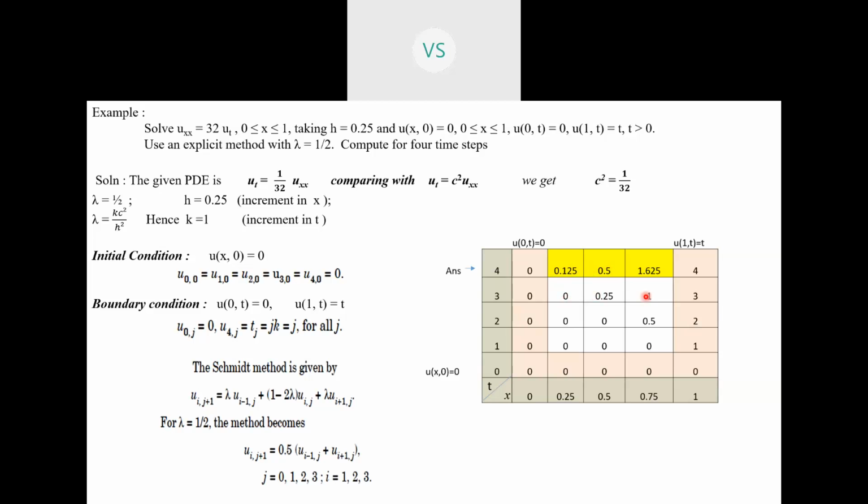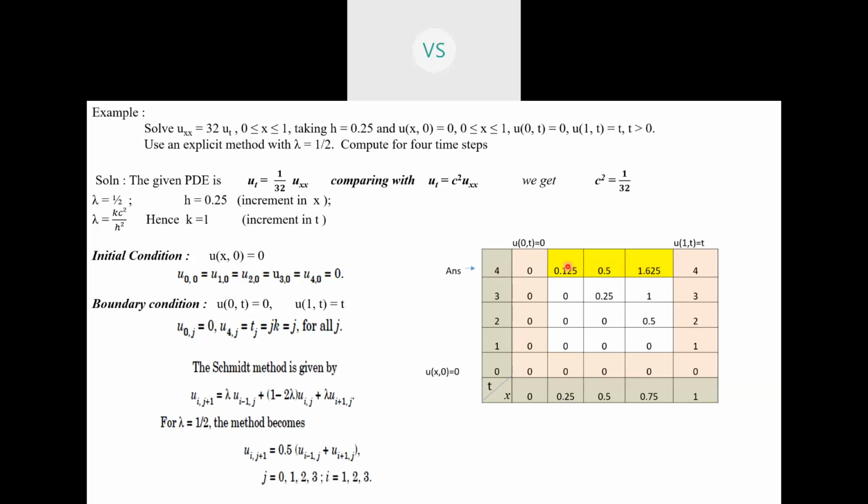So 1 plus 0, 1 into 0.5, it becomes 0.5. Now here, left term is 0.25, right term is 3. So it is 3.25. Outside the bracket it is 0.5. So 3.25 into 0.5 gives you the value 1.625. So in this way you have to obtain the values at t equal to 4 seconds.